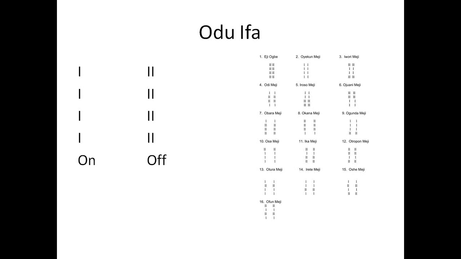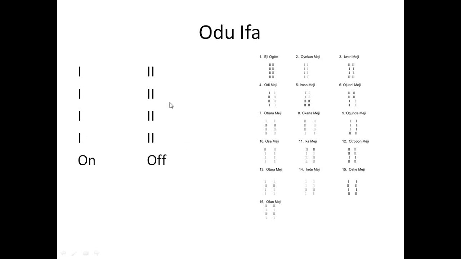And so these Odus are not only in terms of a vocalization in terms of words, but are also represented by signs or marks. And that's what you see here on the side.